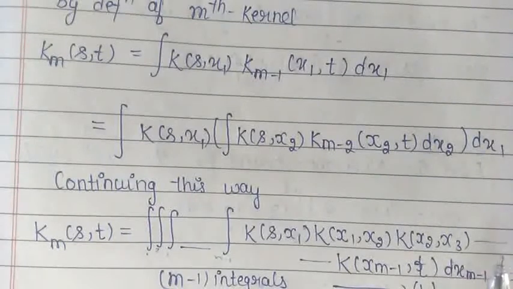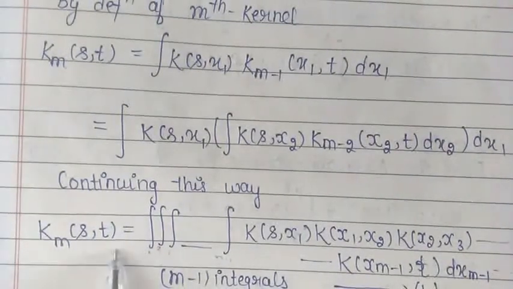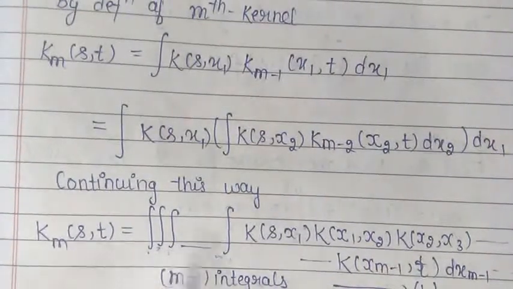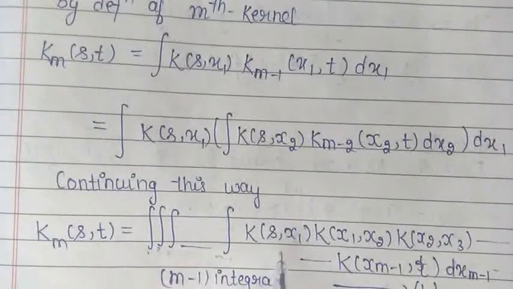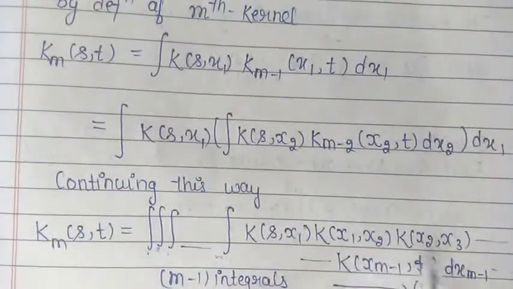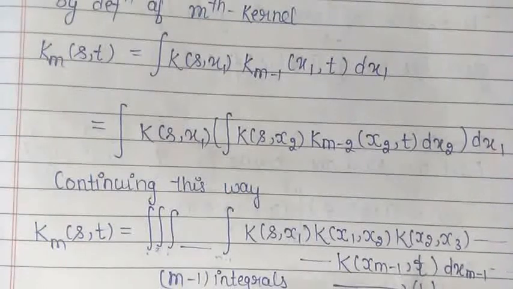Continuing like this, we get the value of the mth iterative kernel as an (m minus 1) fold integral. So we get the integral in which the integrand is K(s,x1), K(x1,x2), K(x2,x3) and so on. The last is K(x_{m-1},t).